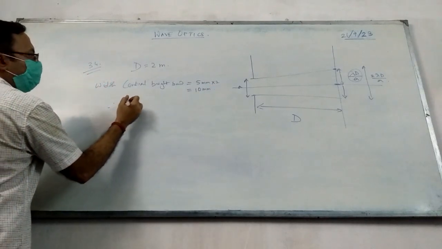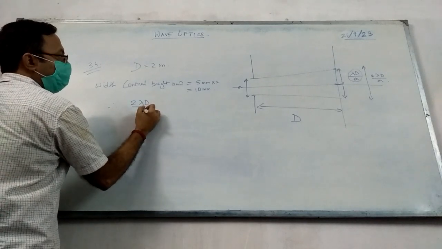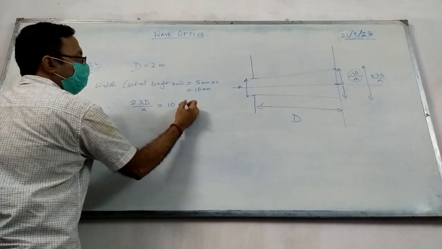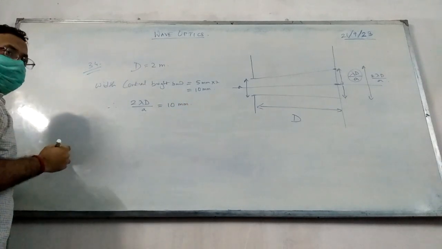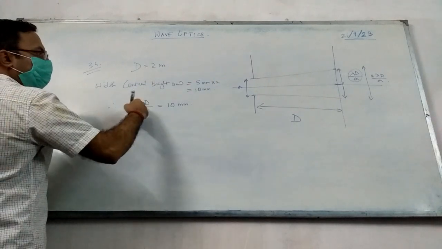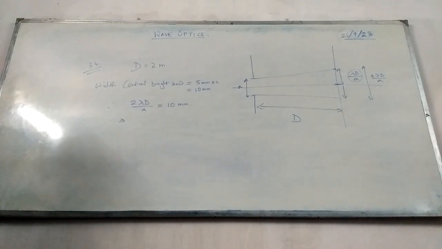Therefore 2 lambda D by a is equal to 10 millimeter. And if you are writing the half only, lambda D by a, take it as 5 millimeter.